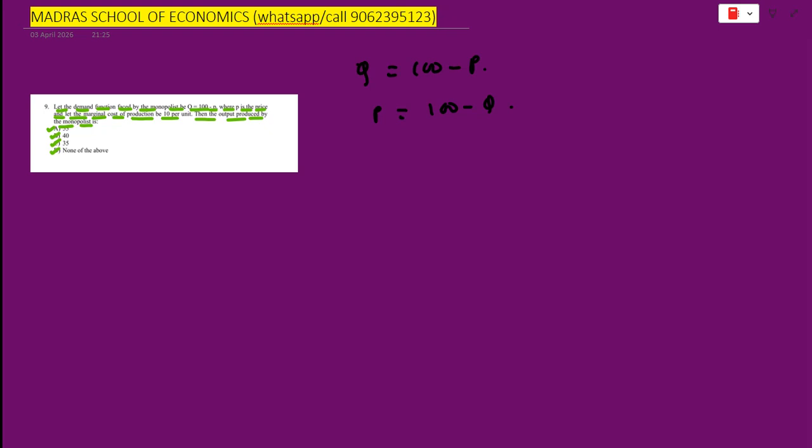Easy, right? Now the total revenue, the money coming in, is TR equals price times quantity. So TR equals (100 minus Q) times Q, which is 100Q minus Q squared.